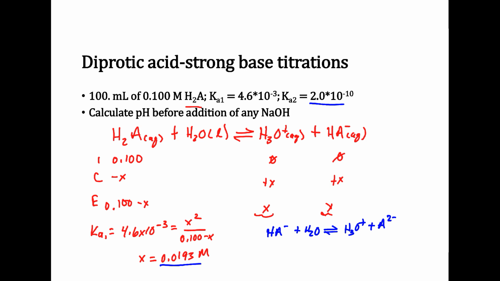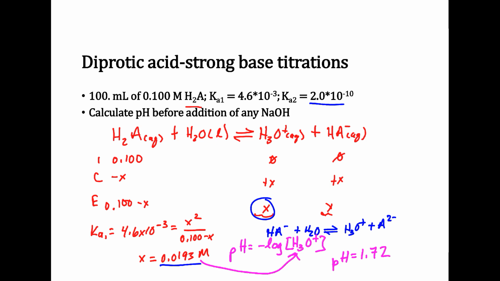So when we solve for x, it won't have an appreciable impact on x, which is our concentration of hydronium. So we can just use this to calculate the pH. We know that pH is equal to the negative log of the H3O plus concentration, so we plug in x here. Then our pH is equal to 1.72.